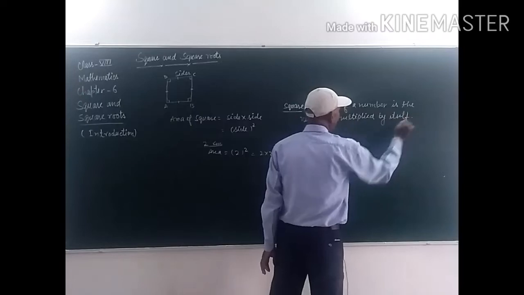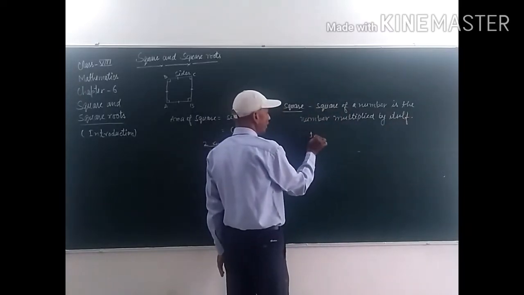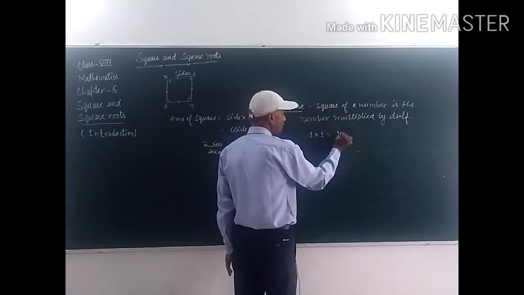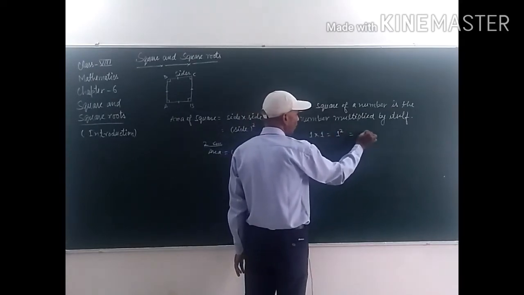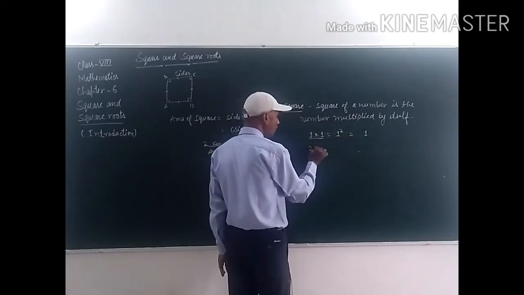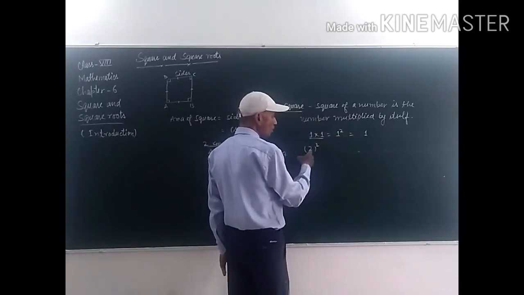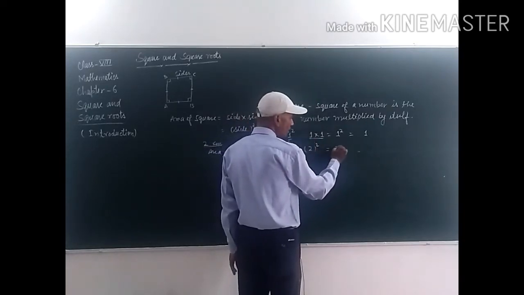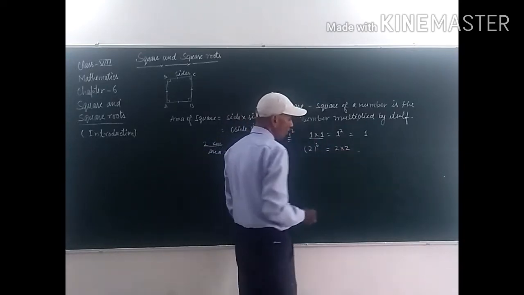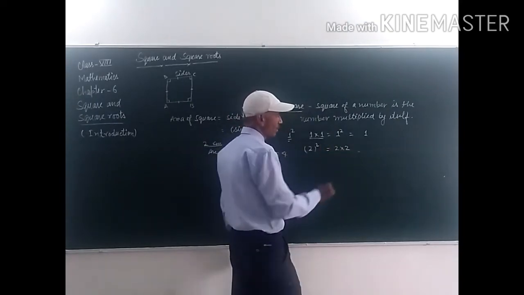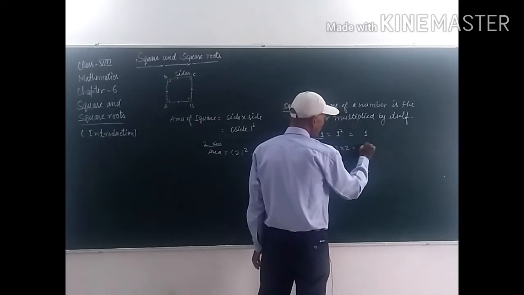Clear, students? If we multiply the number 1 with 1, then we get square of 1 and the value will be 1. 1 into 1, that is 1. Square of 2, it means 2 raised to the power 2. So 2 raised to the power 2, it means 2 into 2. We have to multiply this 2 by itself, 2 times. Clear? Is equal to 4.